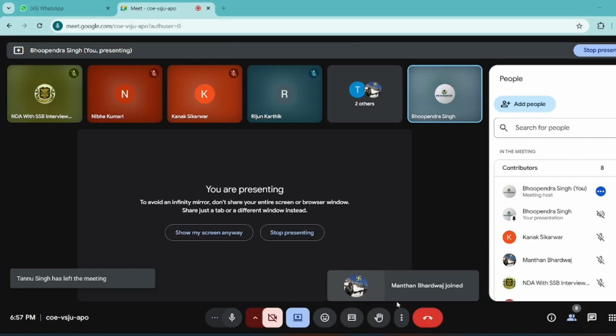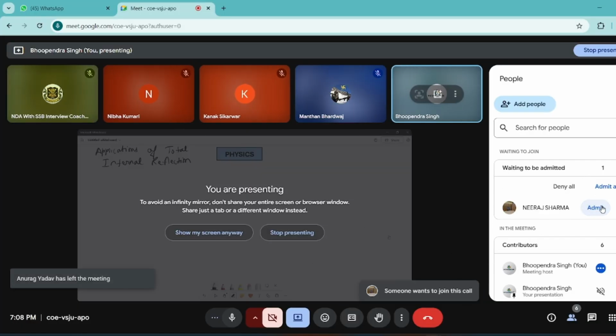So our next topic is applications of total internal reflection.